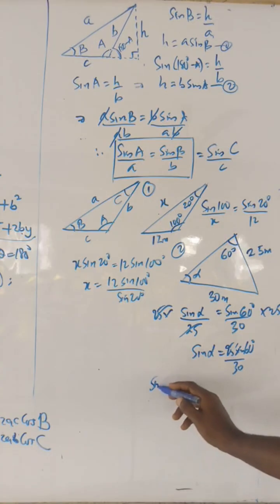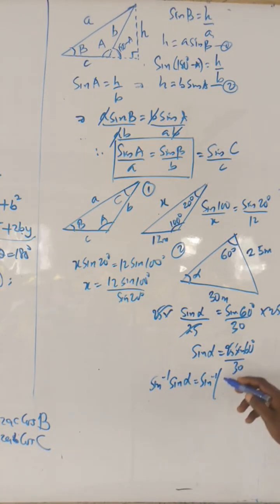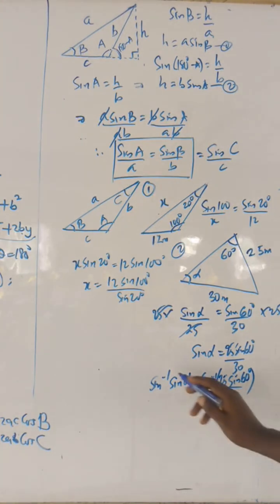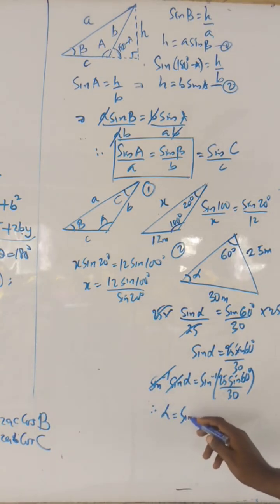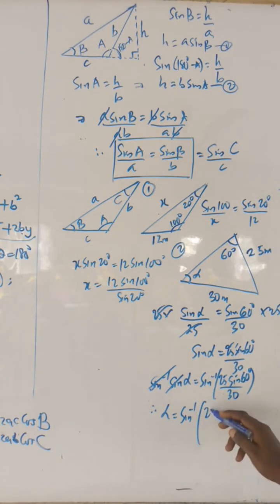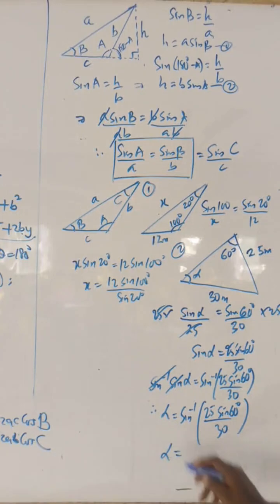So we take sine inverse of sine alpha, sine inverse of 25 sine 60 over 30. Sine inverse takes sine away. So therefore, our alpha becomes, you can press shift sine on the calculator, 25 sine 60 over 30. This will give you your final answer.